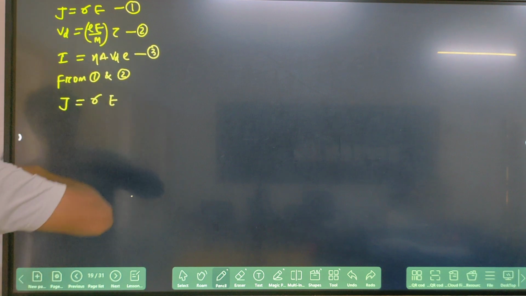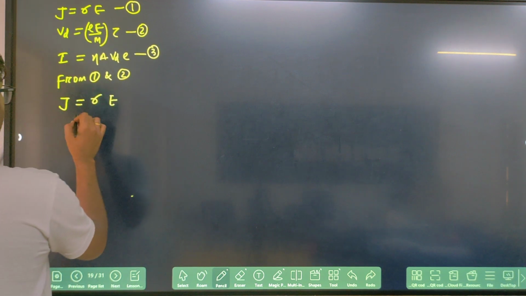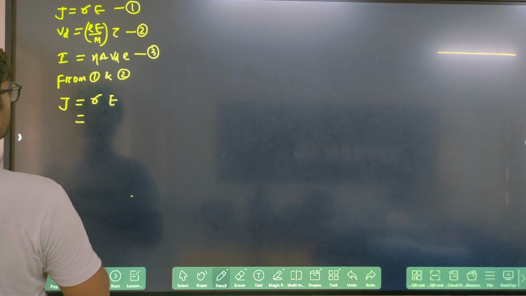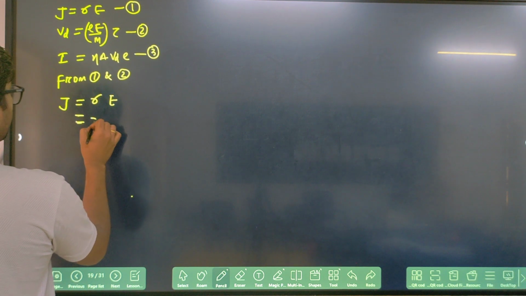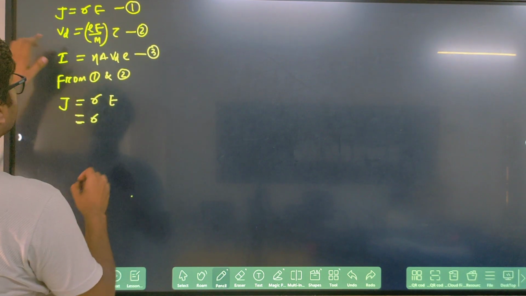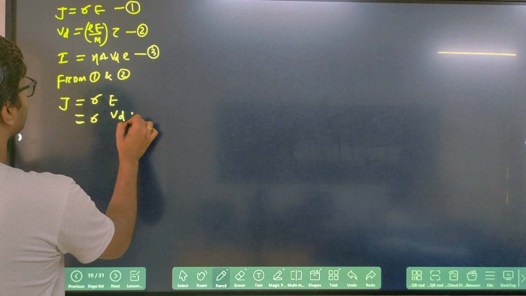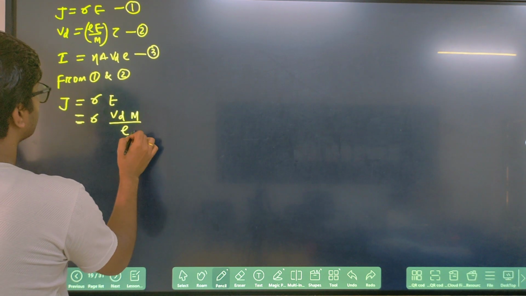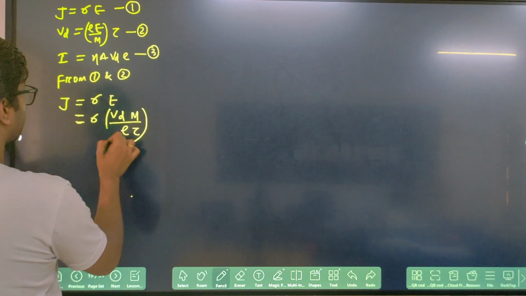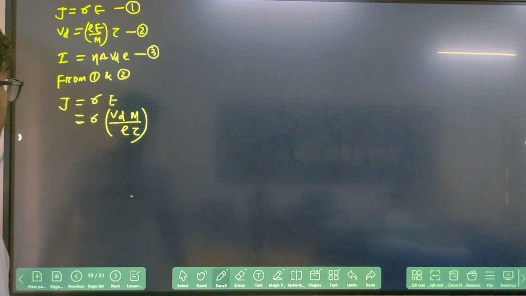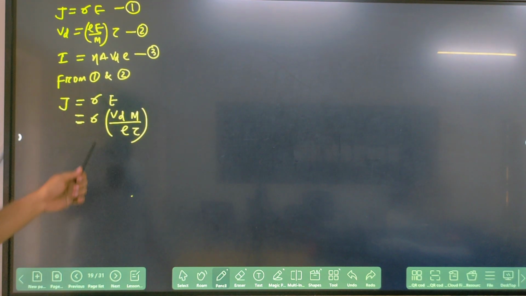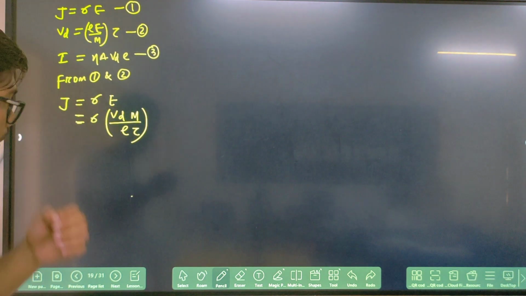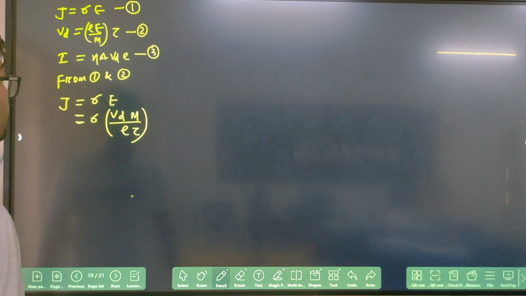So I can put J equal to sigma into, and here E can be written as Vd into m divided by e into tau. So the electric field value is Vd m divided by e tau. Clear? This is one relation we can derive.